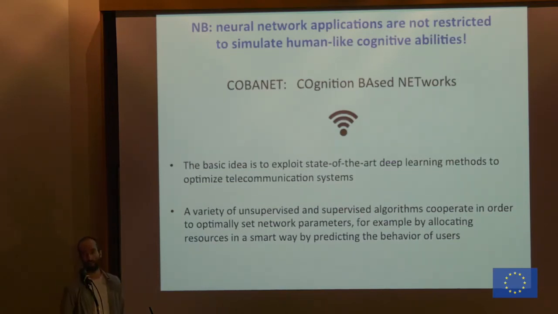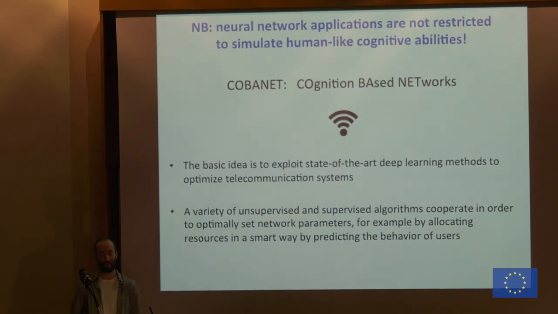Reinforcement learning is still missing. I think it's very relevant for telecommunications, so maybe in the future we should explore that also. And we try to combine them to optimize different network parameters, like transmission rates or other types of protocol parameters. The final goal is to optimally allocate resources in a smart way.